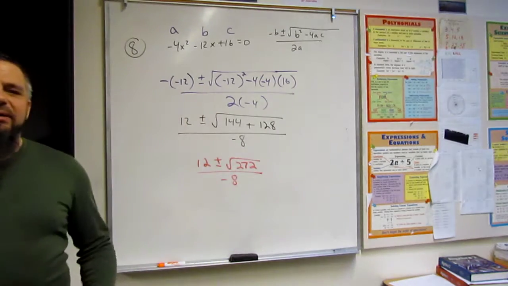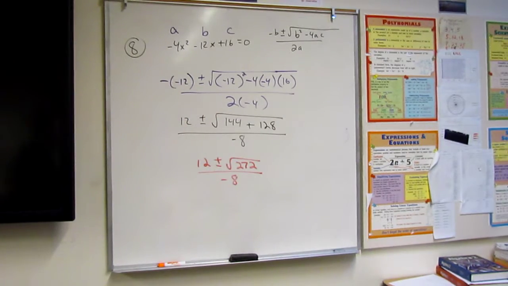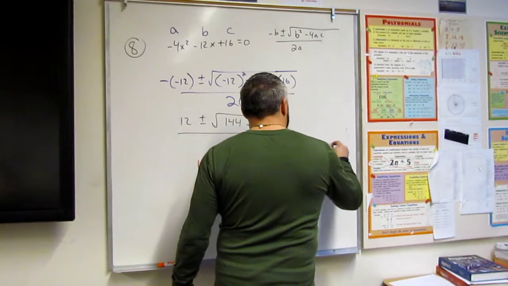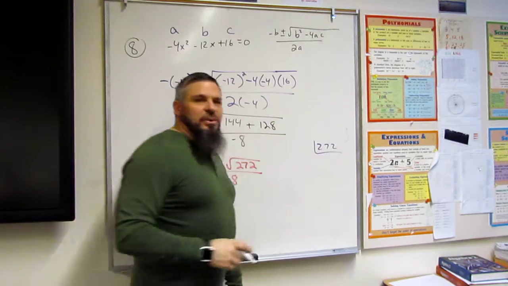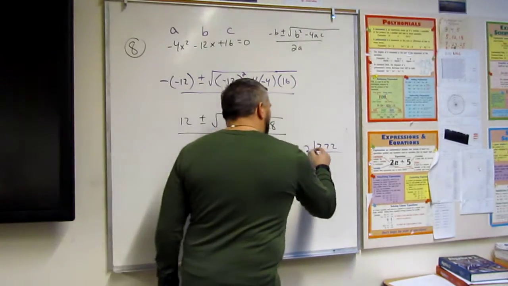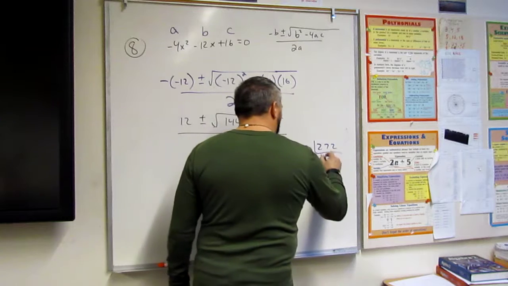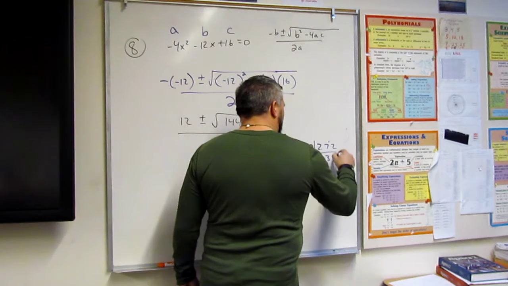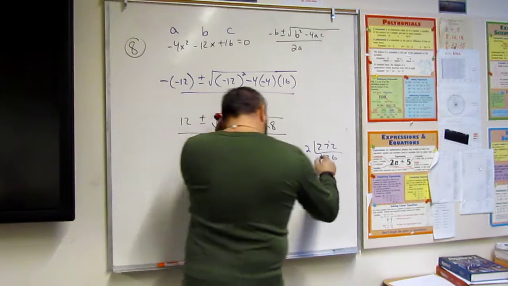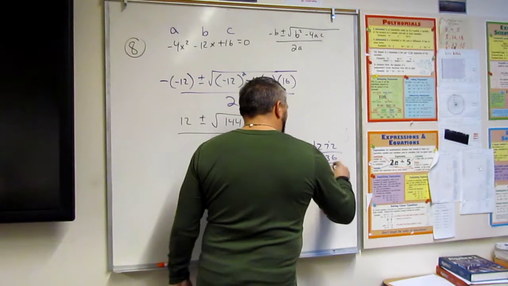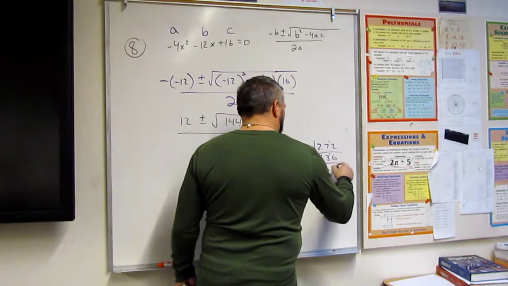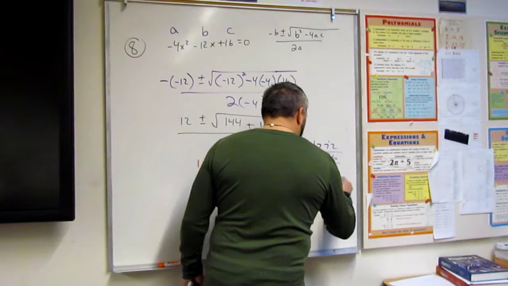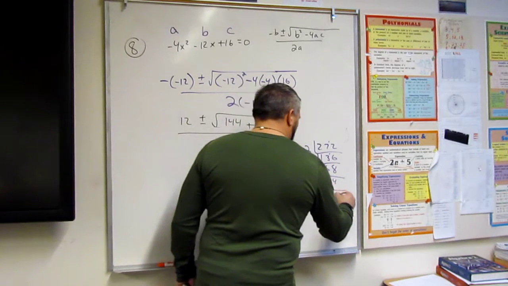Okay, so I got to break down that 272, right? 272, breaking it down, is what? You use a 2, and that's 136. Then 2 is a 68, and then 2 is a 34, and 2 is a 17.